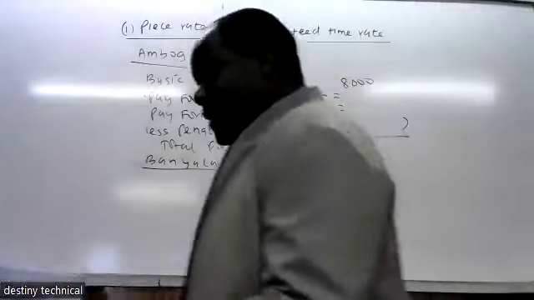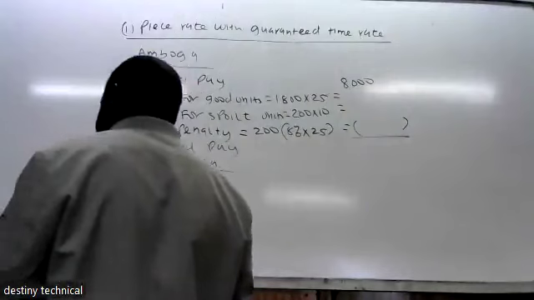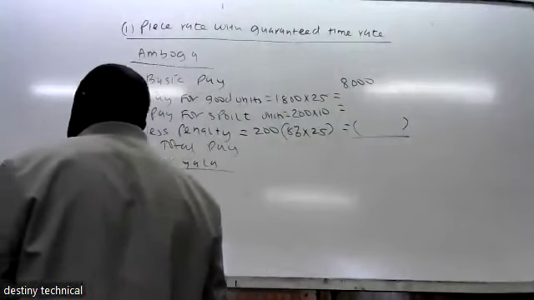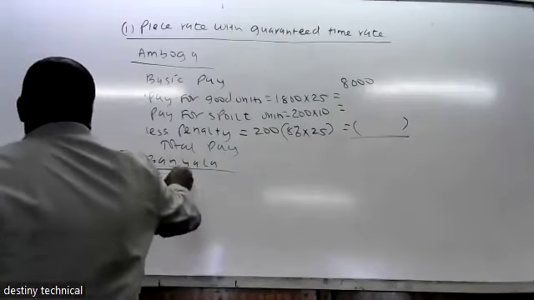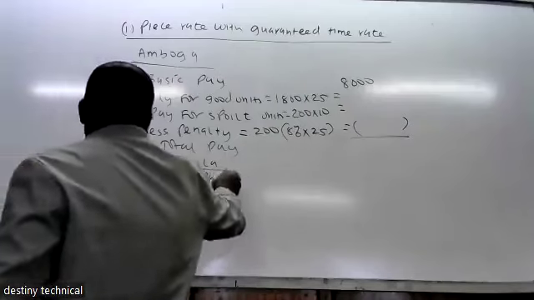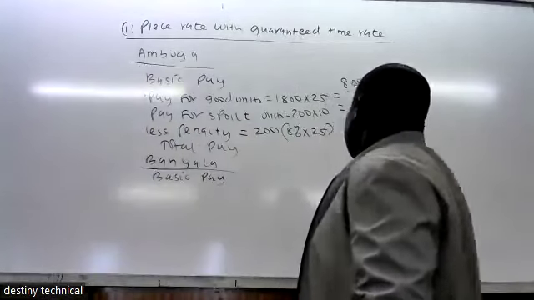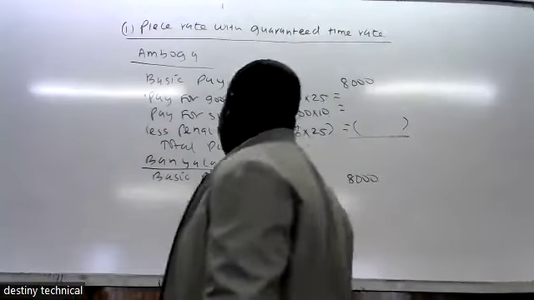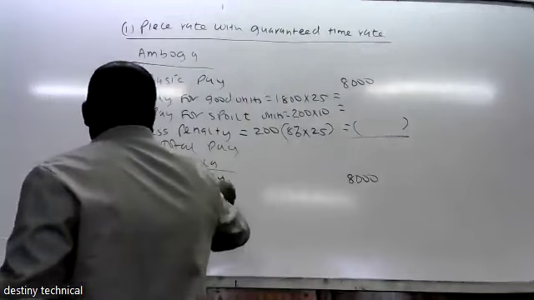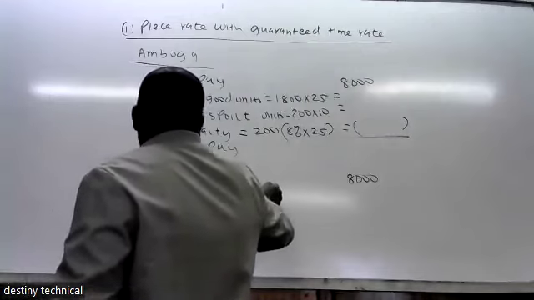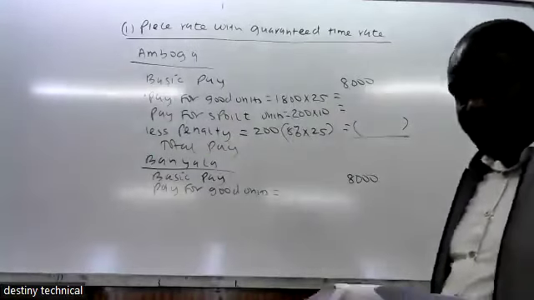So for Banyala, the basic pay, it remains 8,000. Then pay for the good units.